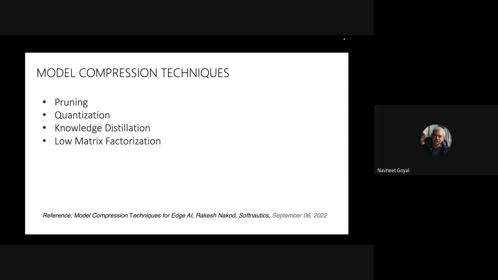And these are some of the techniques that we have for model compression: pruning. Like if you have done decision tree classifiers, there also we do pruning. In similar ways, we do pruning here. Either we do pre-pruning, that is, we don't allow the tree to grow too much, or first we allow it to grow and then prune it.